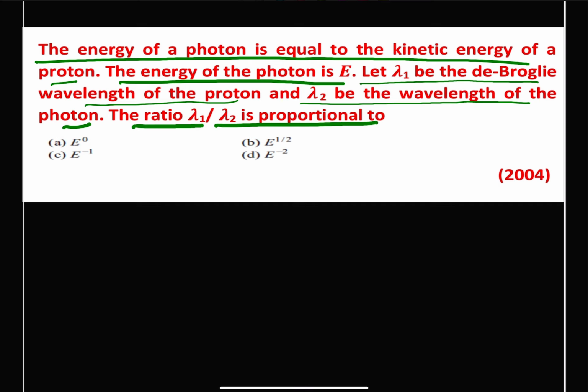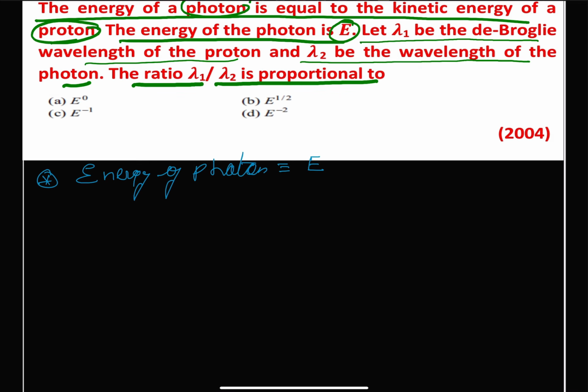So we are given that energy of the photon is equal to kinetic energy of the proton, and energy of photon is given to us as E. So the kinetic energy of proton, let us call this Kp, will also be equal to E, because it is mentioned in the question.